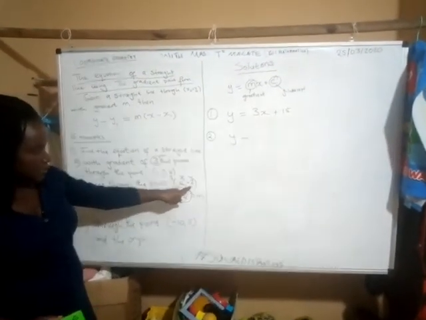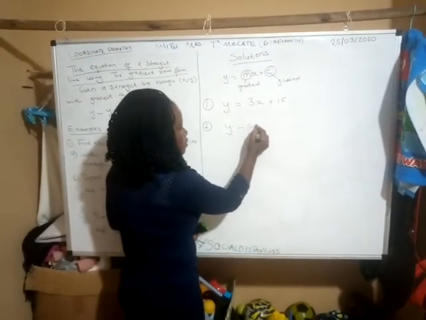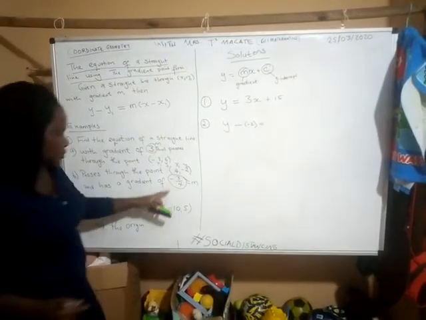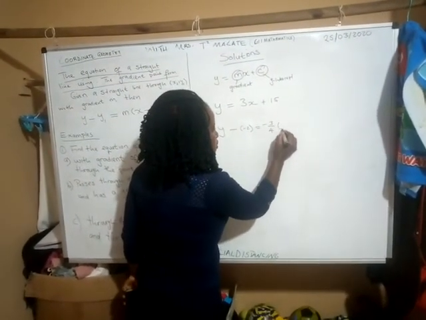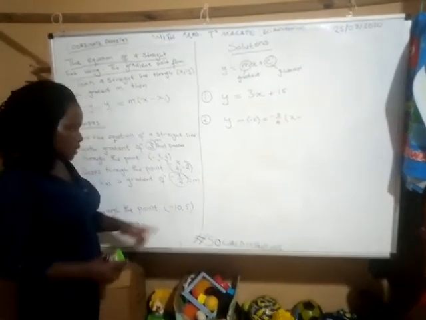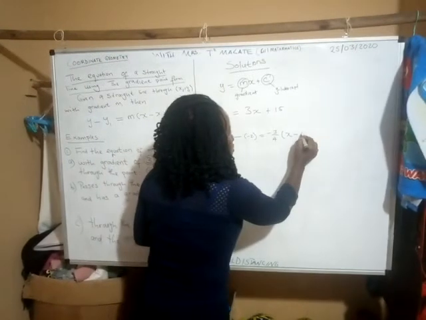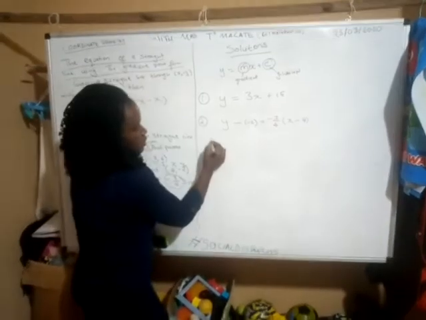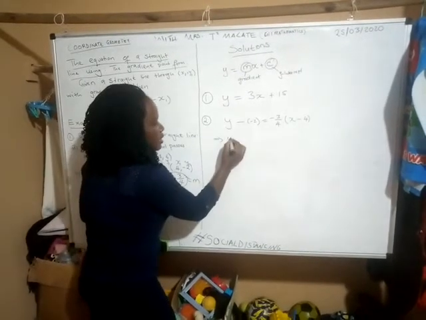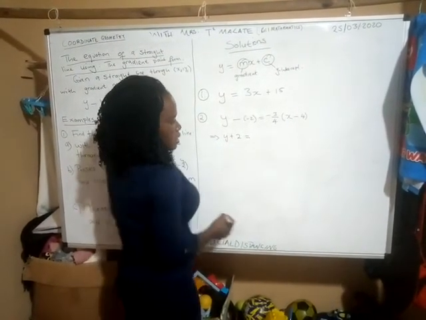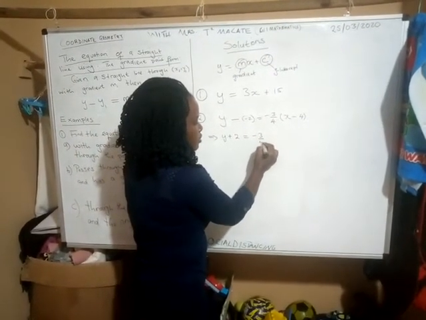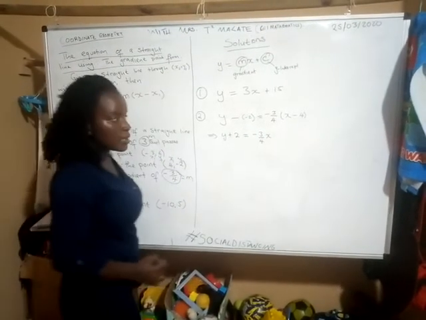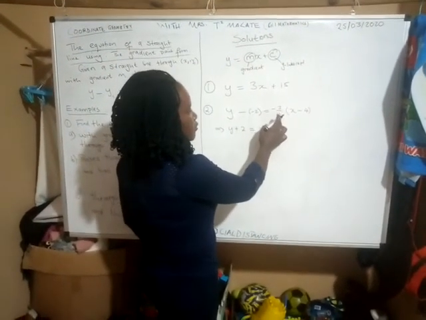Y minus our y1 in this coordinate, which is -2, equals our m, -3/4, times x minus x1, which is 4. Simplifying this, we have y plus 2 is equal to -3/4 times x, and -3 over 4 times negative 4.